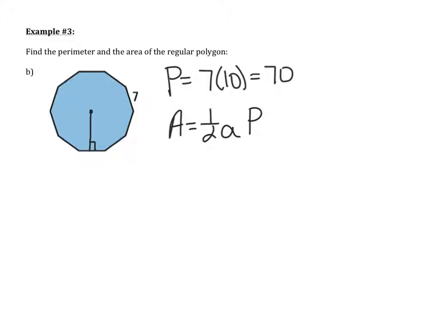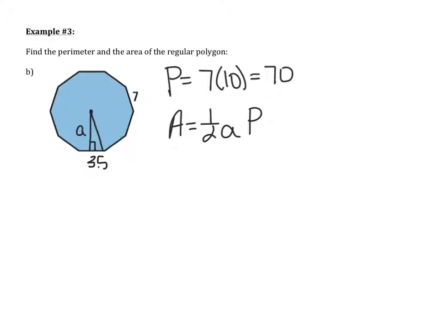So we know that a right triangle is formed by the apothem here and the radius of the circle here. Therefore, we'll be able to use some right triangle trigonometry or special right triangles or whatever the case may be in order to find the apothem right here. We also know that the apothem splits this side length in half. So from here to here would be 3.5.